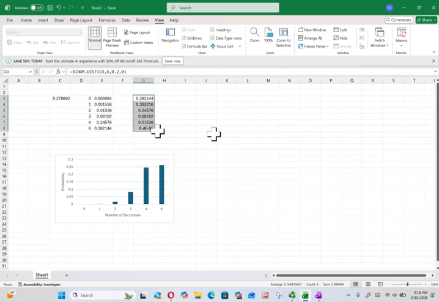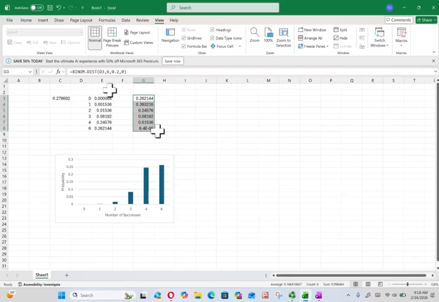B-I-N-O, not 0. Okay, cell reference first. Over. One more. There you got it. Yep. 6. 0.2 and 0. There it is. Then put it down, and it'll give you that.